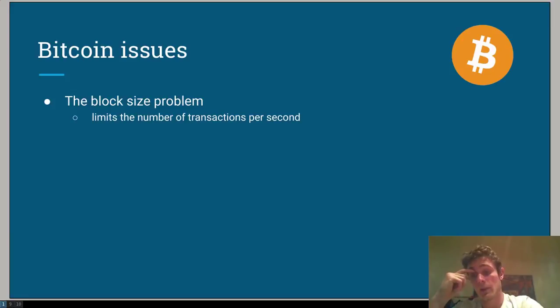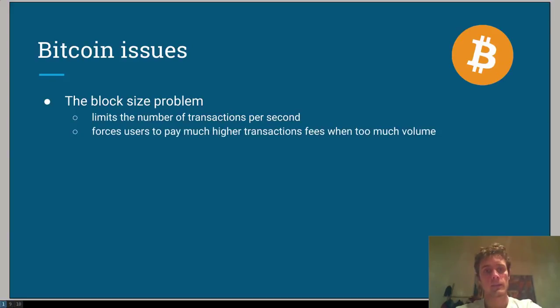And as of today, I believe that it might be something like 7 transactions a second, which is not too bad, but it's not enough for a network that is supposed to scale. And what I'm talking about is something that's more recent.